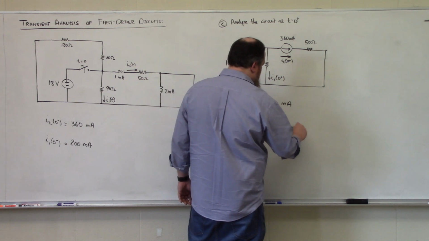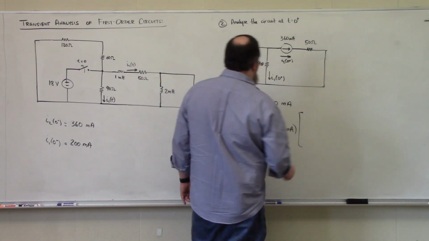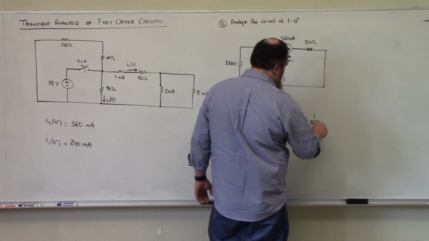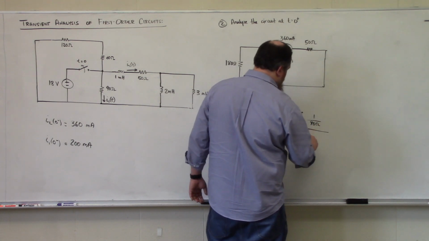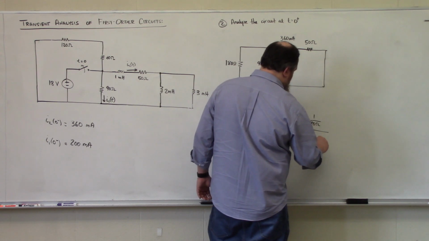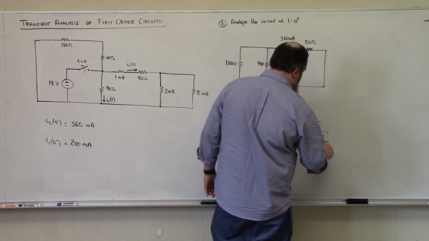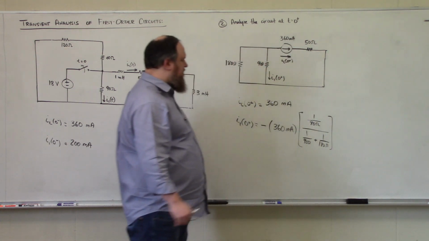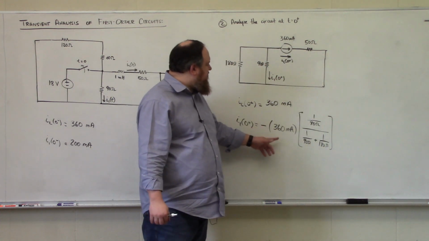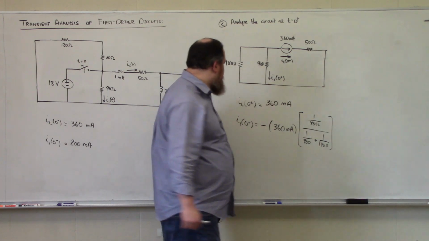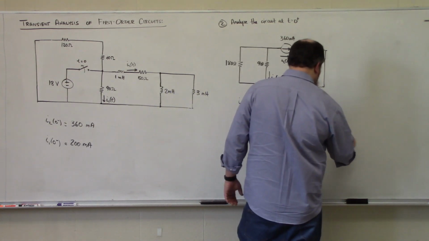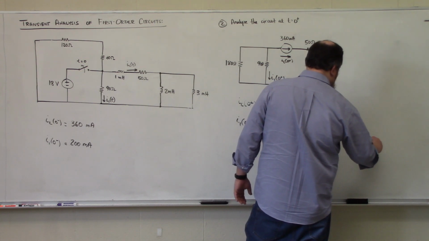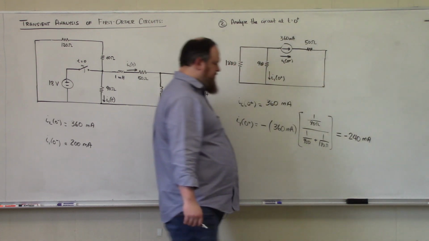So we have negative 360 milliamps. We want the current through the 90 ohm resistor. So that's going to be 1 over 90 ohms divided by 1 over 90 ohms plus 1 over 180 ohms, which is going to be 2/3. So 360 milliamps times negative 2/3 will give us negative 240 milliamps.